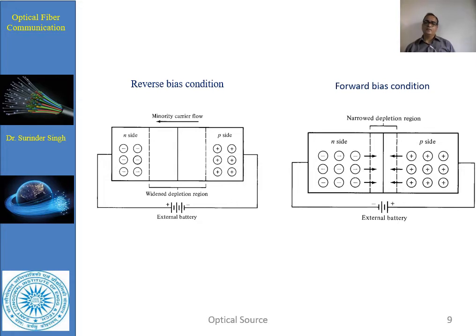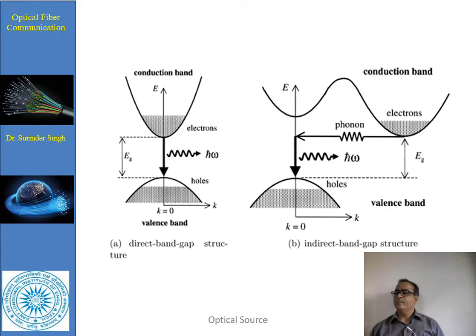Now next we'll discuss the direct and indirect band gap materials. In this case, electron transition takes place from the conduction band, either by absorption or emission of a photon.